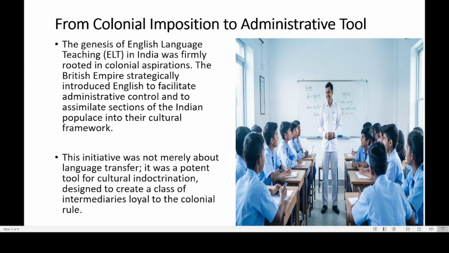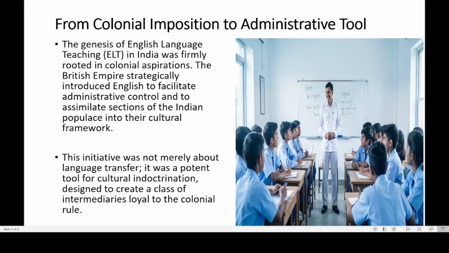You must be wondering, was he really interested in teaching Indians his language? My dear students, his idea was to create Indians who could help the British government in administration. Let us see this scenario from this angle.